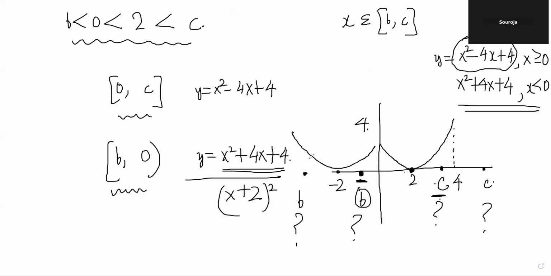The other cases are when B is below minus 2 and C could be here or here. But then we have to analyze the graph from here to here. Clearly, the minimum value again is 0. Again, it doesn't work because B is becoming 0, but B is supposed to be less than 0.